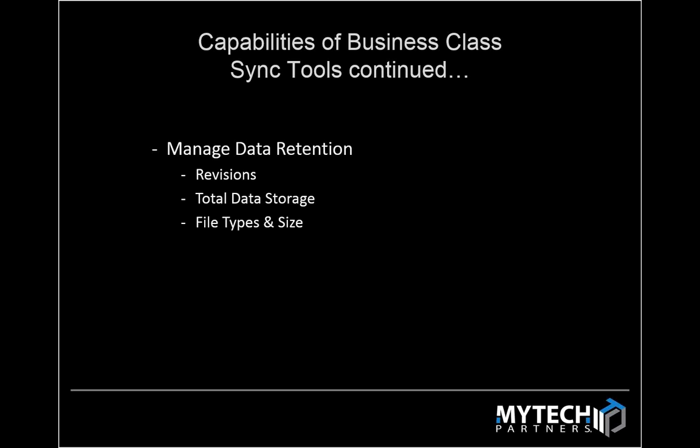Maybe, for instance, your organization doesn't want to share video files. Maybe they're too big because you don't want them to hit your internet bandwidth, or maybe that's not the type of files you want syncing, or maybe that's your copyrighted material, right? Maybe that's something that you invested so much time and effort into, that you can restrict based on file types and or size.